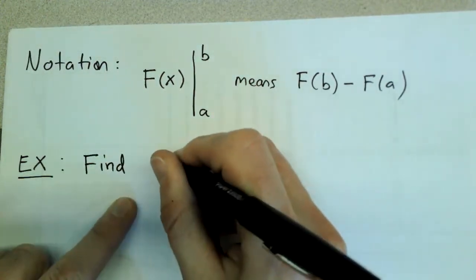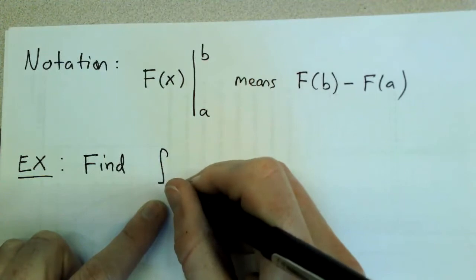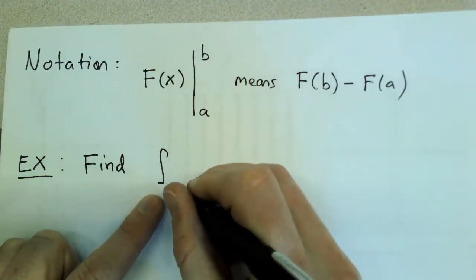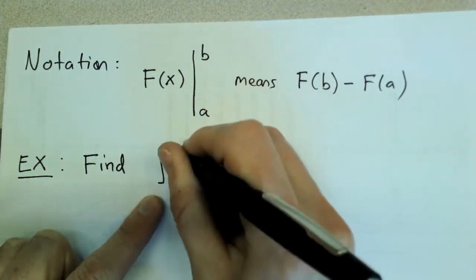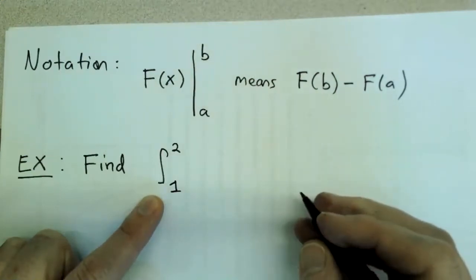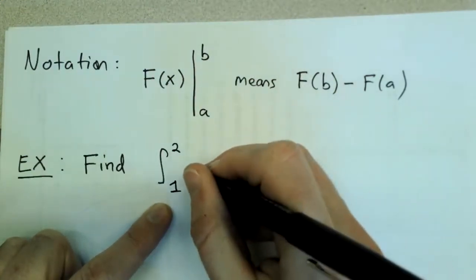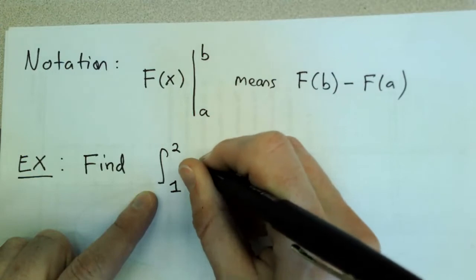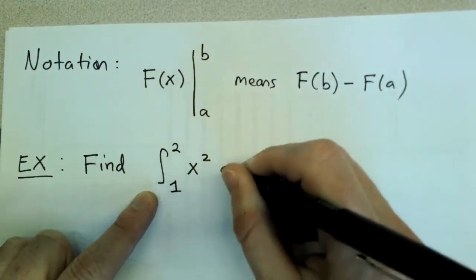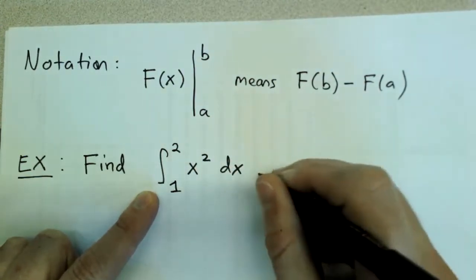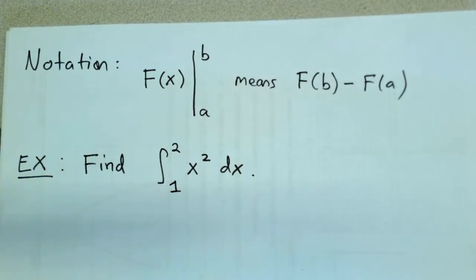Let's find the integral from, let's say, 1 to 2 of the function x squared dx. Okay. And we're going to find it exactly. We're not going to approximate it with a Riemann sum or anything like that.